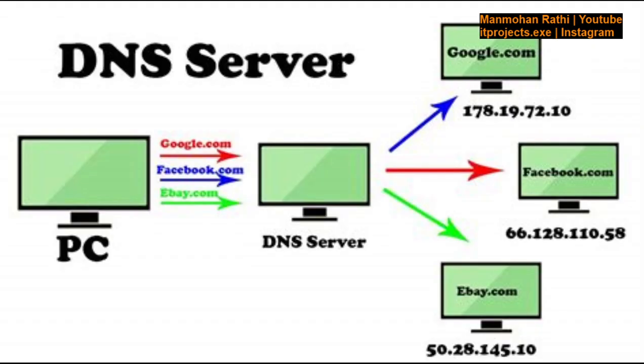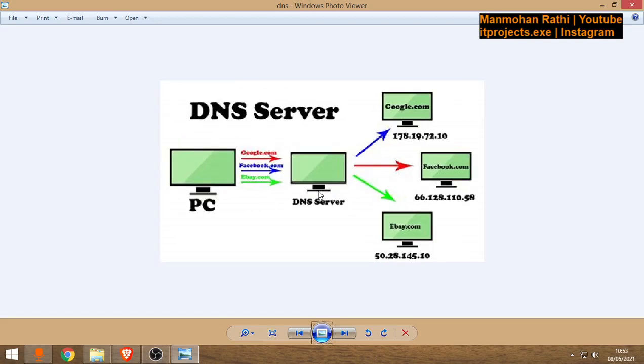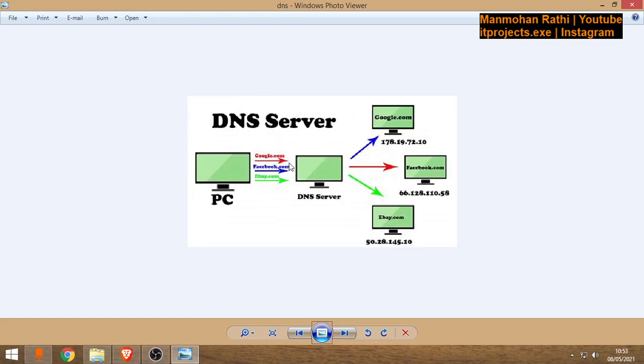So next one is the DNS server. So as we can see in this picture, what is a DNS server? Basically, DNS is domain name system, or domain name server. What this server does is that when we search any website on Google or any search engine, we are not really calling that website's name.